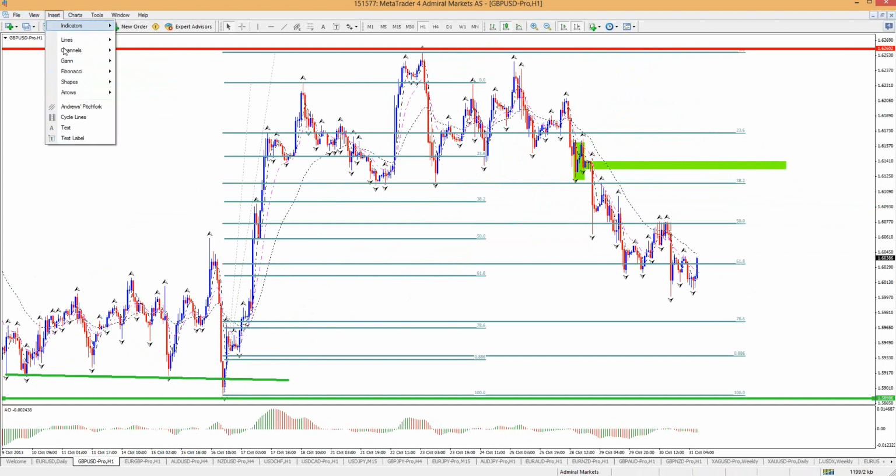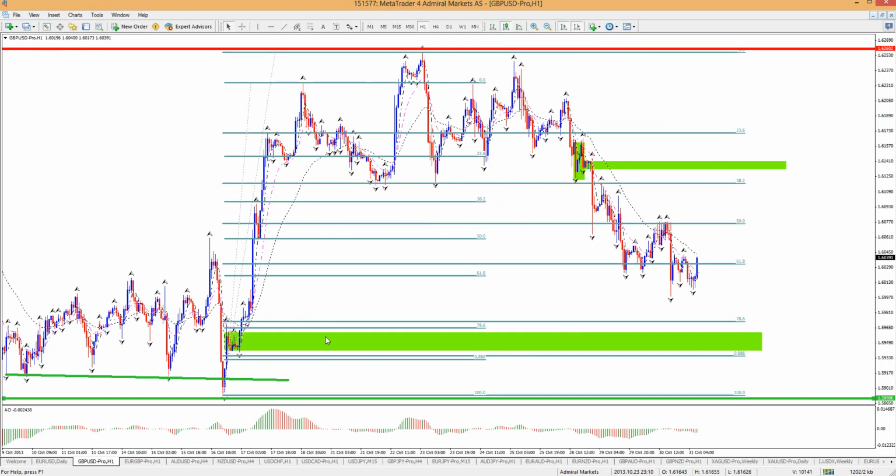And also at the bottom there's one, right in here. Right there is one. And maybe a very small one here. Very small one though.